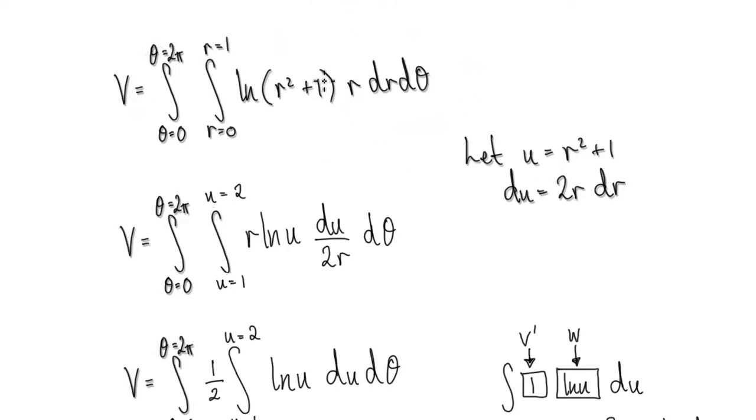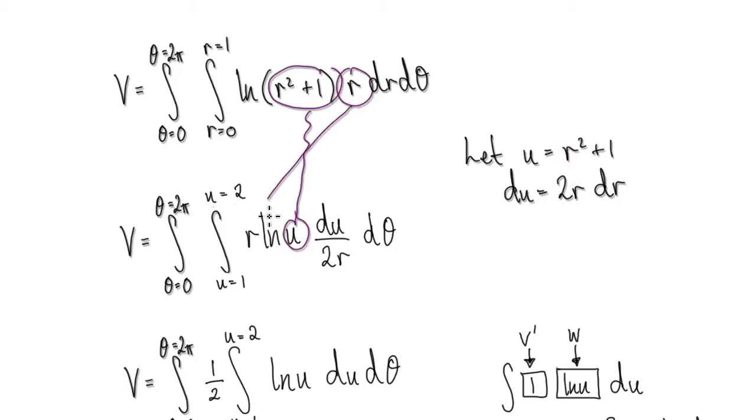So integrating this, use substitution. Let u equal this thing here. That means du equals 2r dr. So this thing here would be u.